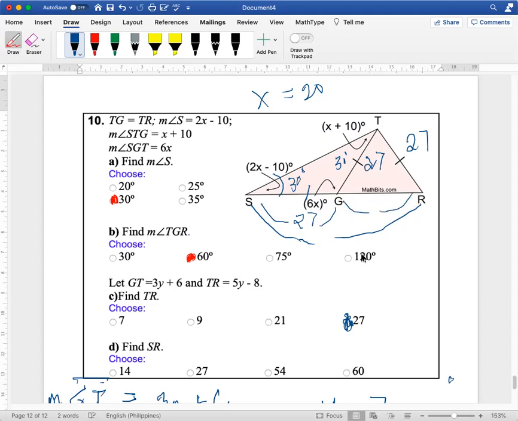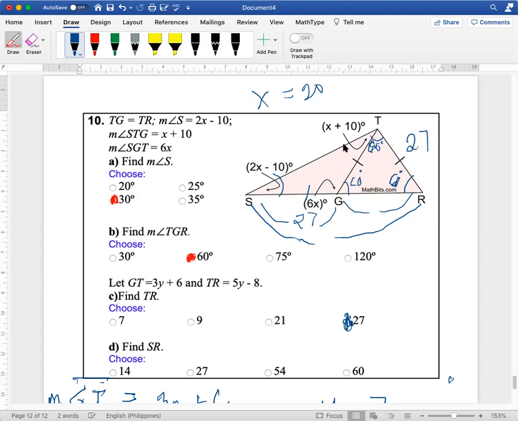Okay, and we're looking for the value of GR here. So what's the value of GR in this case? By the way, if this is 120, this is 60, right? And this is also 60, and this is also 60. So we know that the triangle TGR is an equilateral triangle.